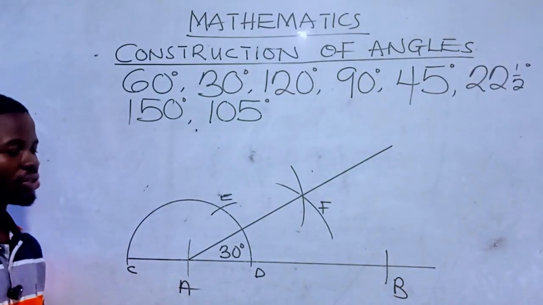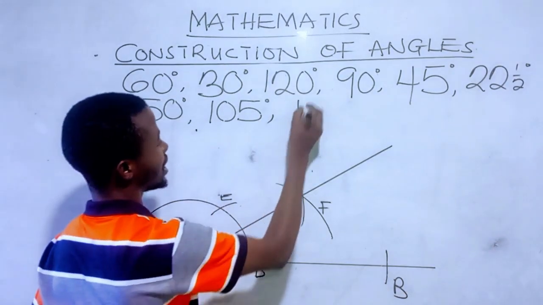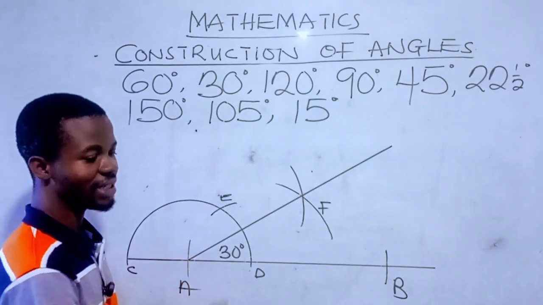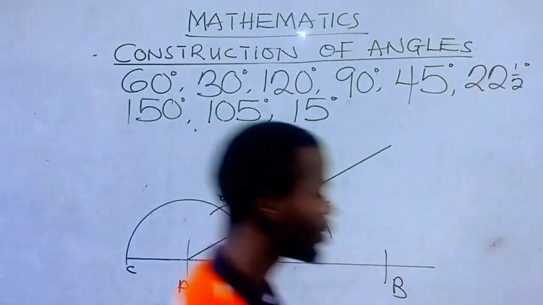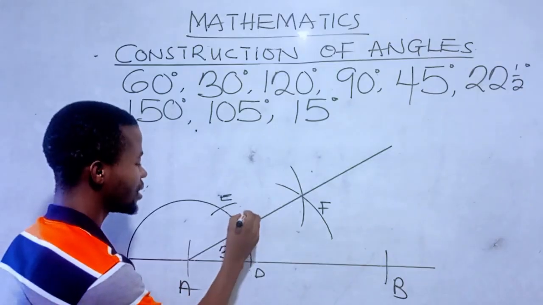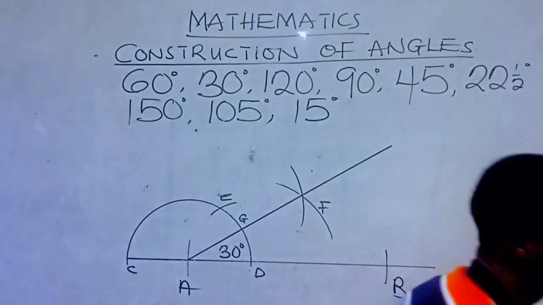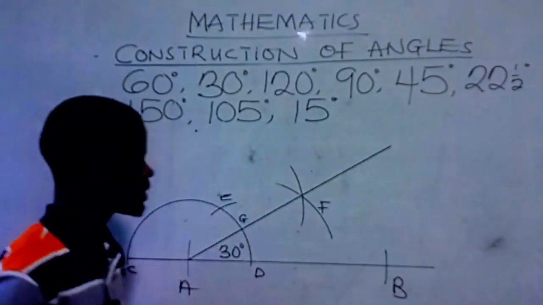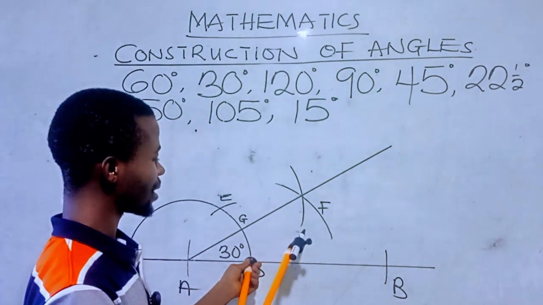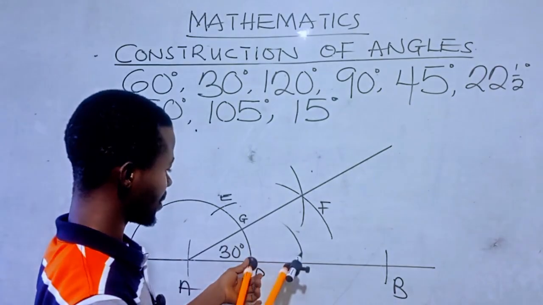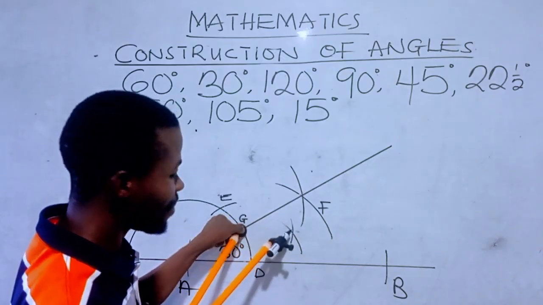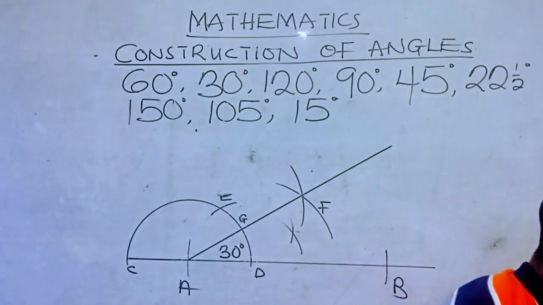Now let's say I'm asked to construct 15 degrees. I didn't add that one. 15 degrees will be a bisection of 30 degrees. So you take your compass. Let me call this G. You bisect the 30 degrees. So D and G. I'll stand at D, then I'll make an arc. With the same radius, I'll stand at G and I make an arc, which means I've bisected the angle 30 degrees.